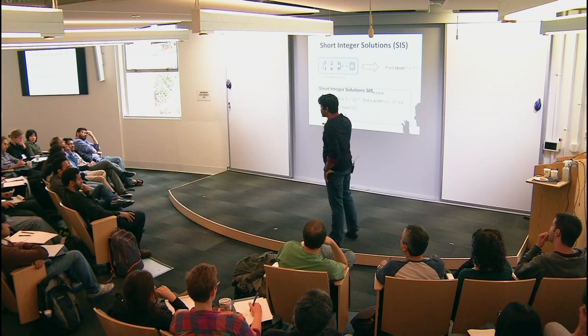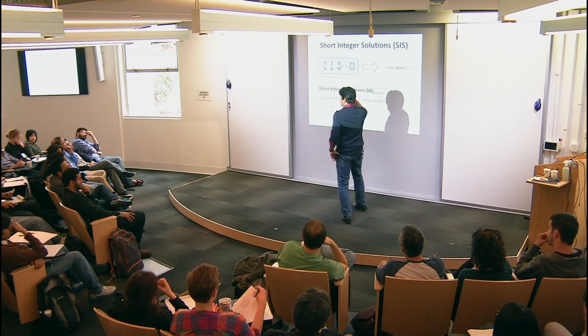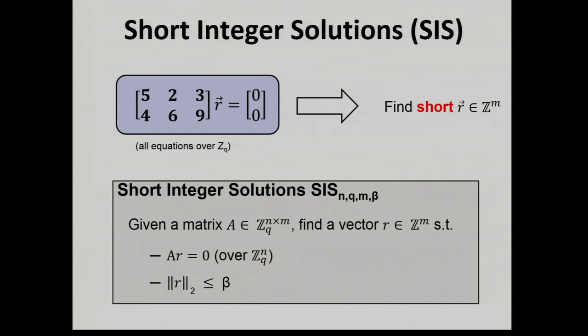Let's just focus on Z_q^n as our group. I give you an n by m matrix, short and fat. Give me a vector in the right kernel of this matrix which is small, just small norm. That's it. That is what we'll talk about for the next 20 minutes.